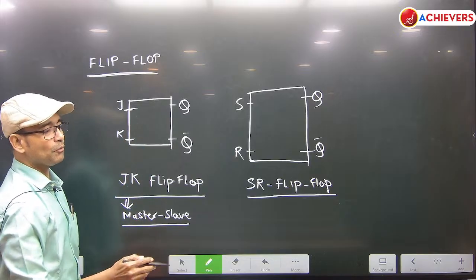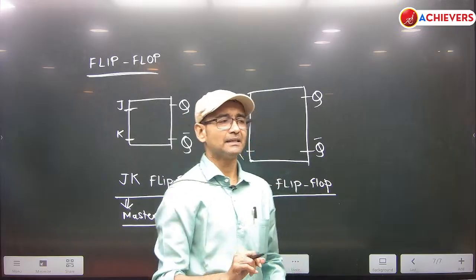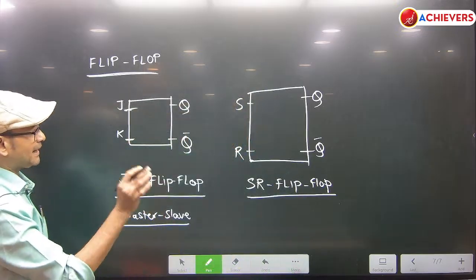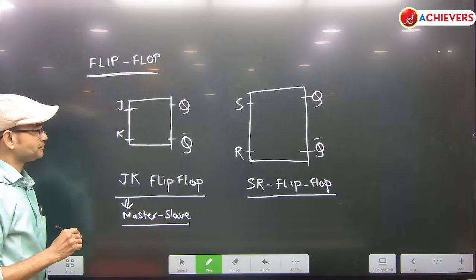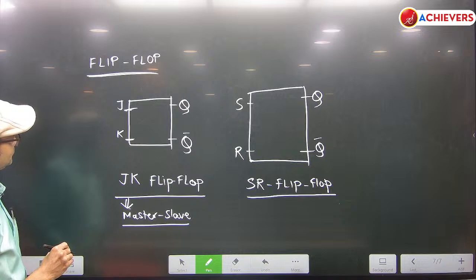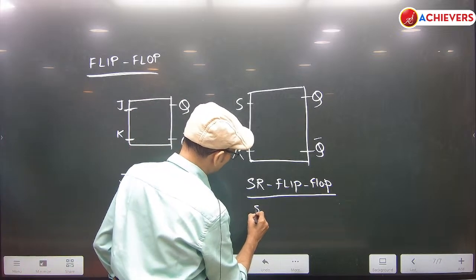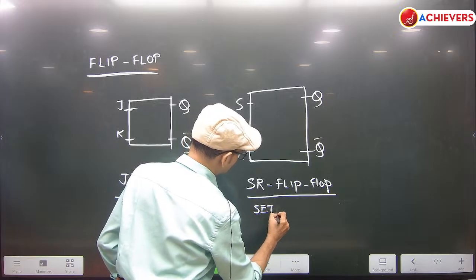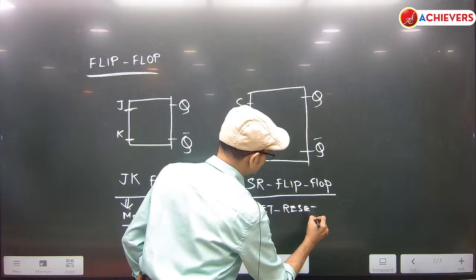That has come from the 13 card system, king, queen and jack, K, Q, J, and after that we have the set of different numbers. And SR flip-flop is the set-reset flip-flop.